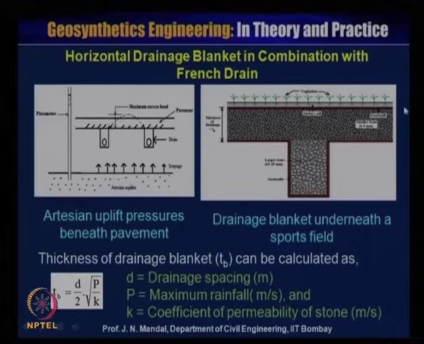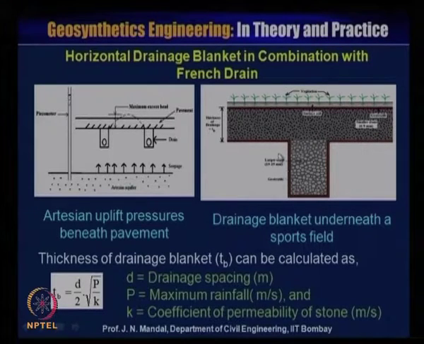If there is any sports field, you can use the geotextile material or the geocomposite material. On the top of this sports field, vegetation or grass can grow, and this is the thickness of the blanket drain.